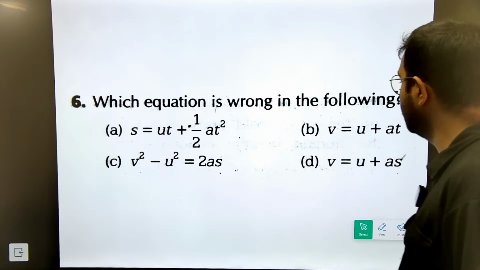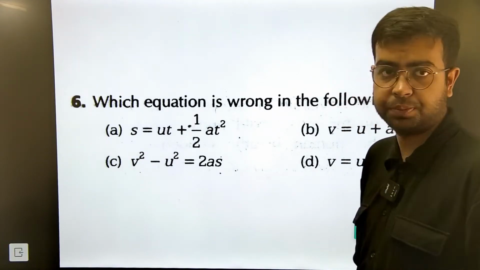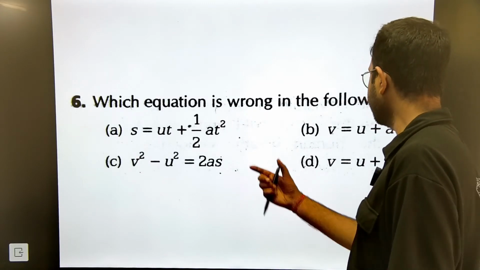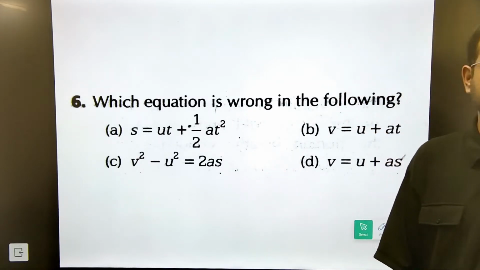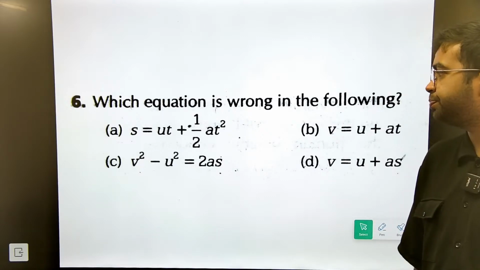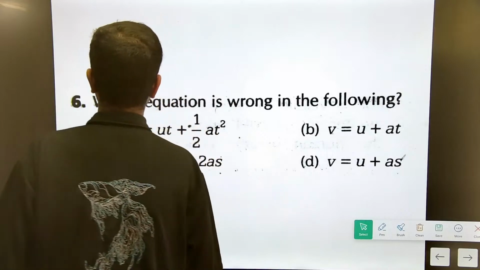Okay, now here the question is which equation is wrong in the following. See, by looking at the question, we know that they are asking us about the equations of motion. Okay. Now there are 3 equations of motion. What are these equations?